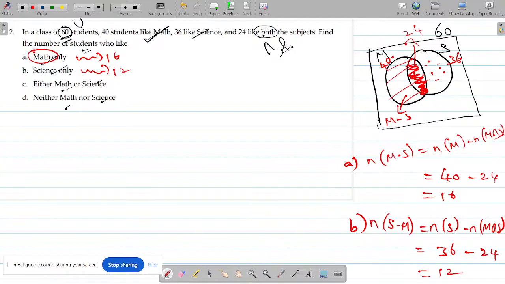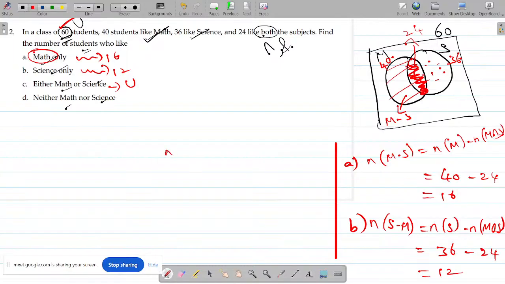Okay, thank you. Either math or science. This is union. See, this 60 is not union. This is the whole set, universal set or sample space. So this is only union. What's the formula we use for union? Addition theorem.